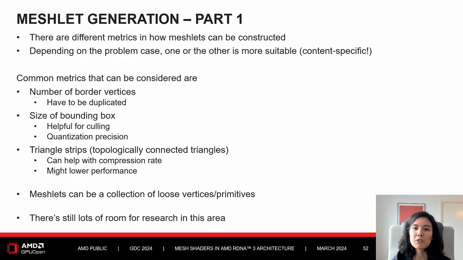However, if you only focus on triangle strips, you might end up with even worse performance because it can have side effects. You might end up having a large number of border vertices or a large bounding box. So the key here really is to find a good balance between all 3 metrics.